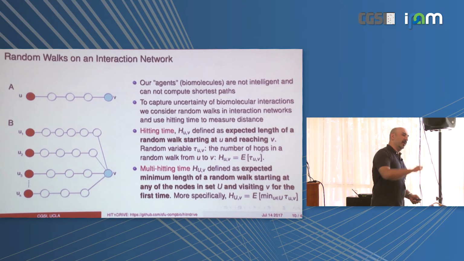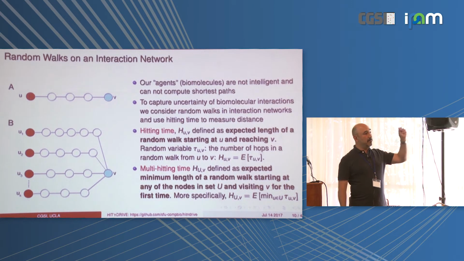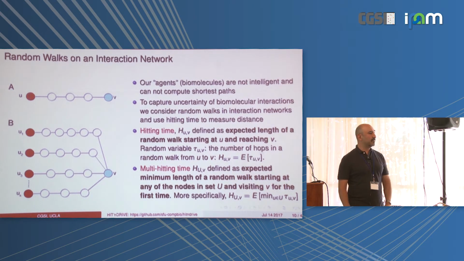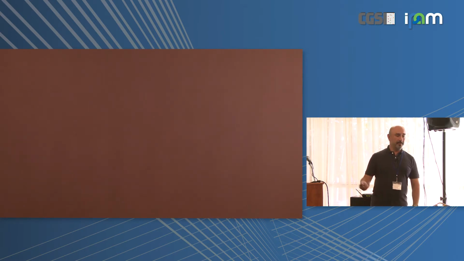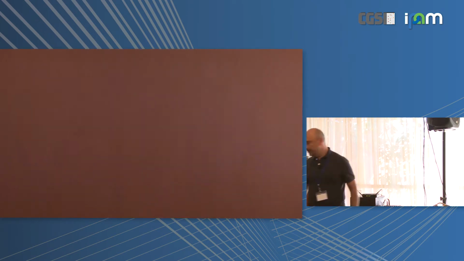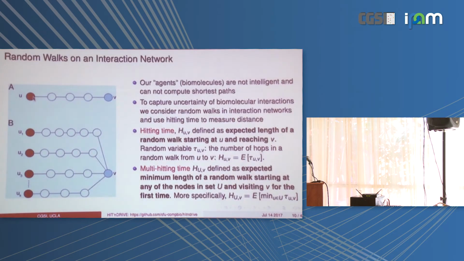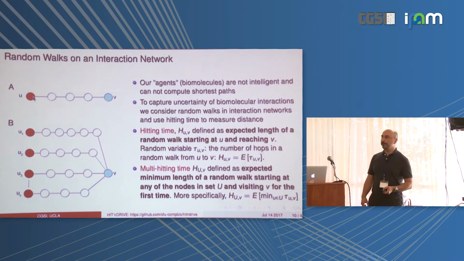The moment they notice the patient, they pick up the patient. So these multiple ambulances are searching for the patient, and the expected length of the minimum number of hops from any one of these hospitals to the patient is my multi-hitting time.